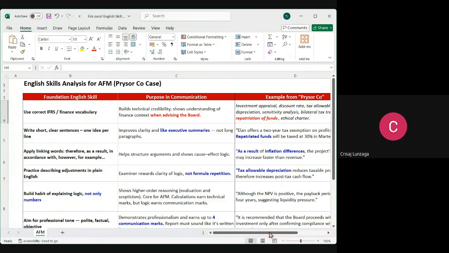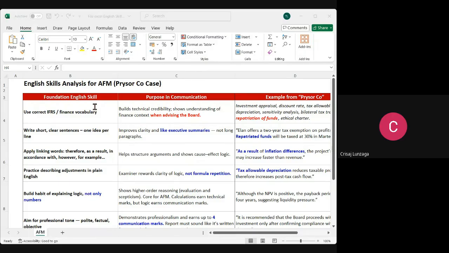So what is AFM? As I think everyone knows, AFM focuses on strategic finance and decision making. Furthermore, it also focuses on how to communicate professionally in financial contexts, and not just to calculate numbers.